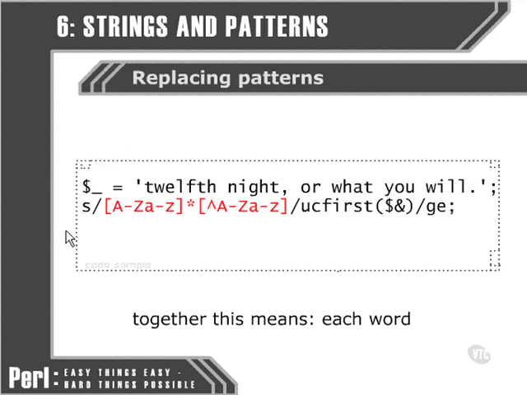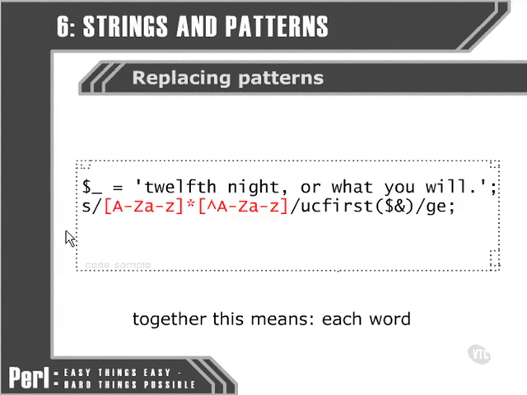So altogether, that pattern means each word. And we're also including the non-alphabetical character that comes straight after the word. But that's kind of irrelevant here because all we're doing is attempting to capitalize the first letter of each word.